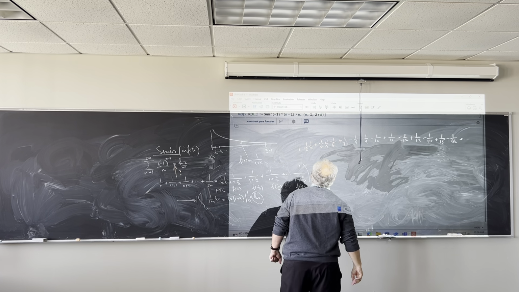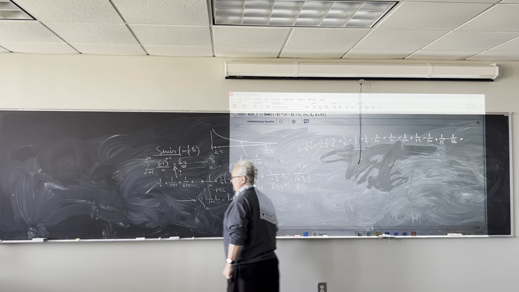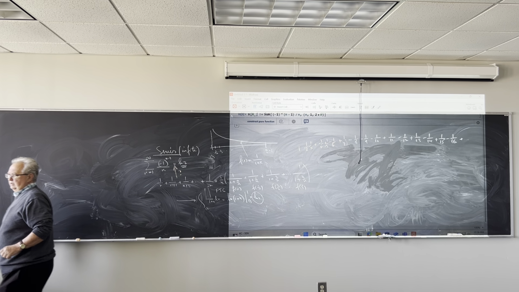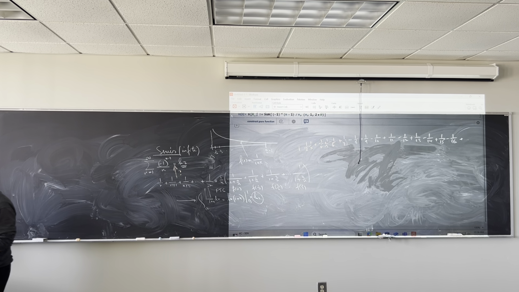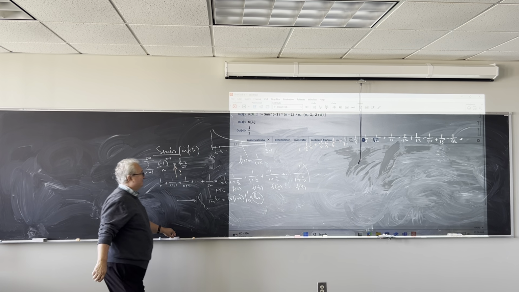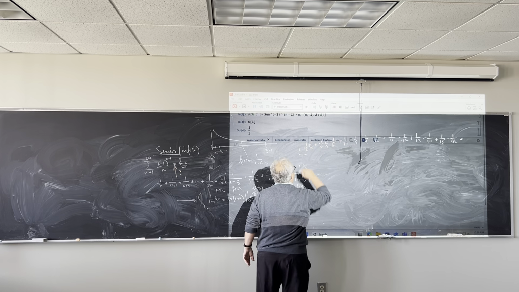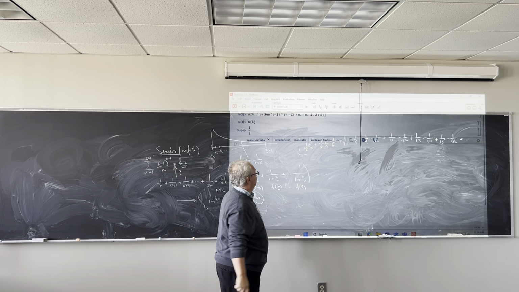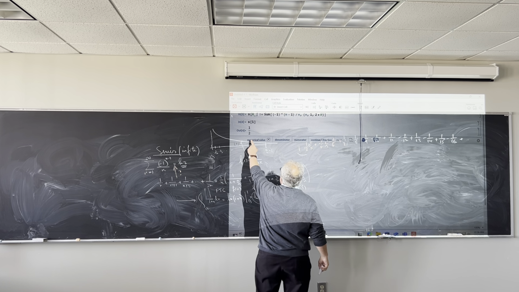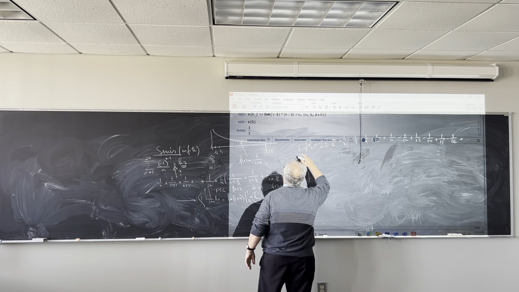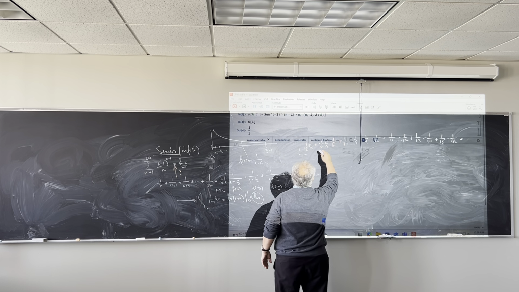So let's look at the values of this function. Now what's s of 1? S of 1 is 1/2, which is this. Right? Now what's s of 3? Well, 2 times 3 is 6.